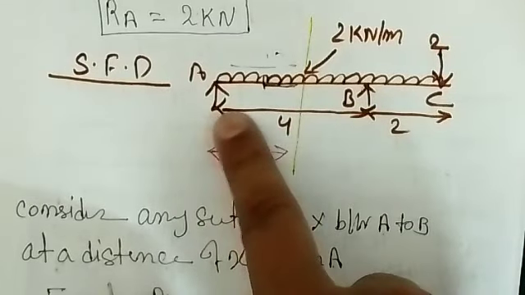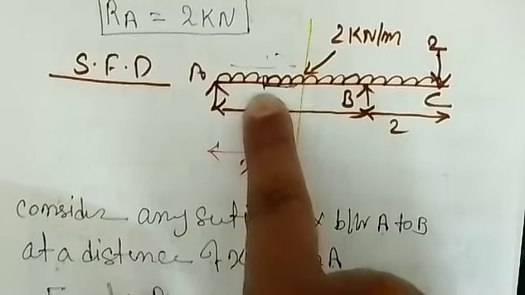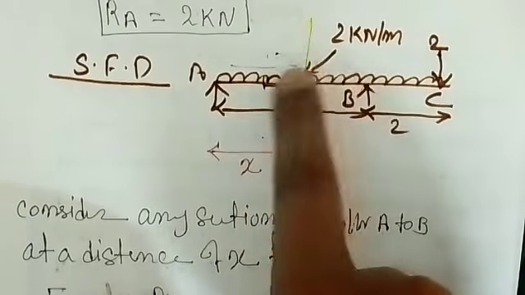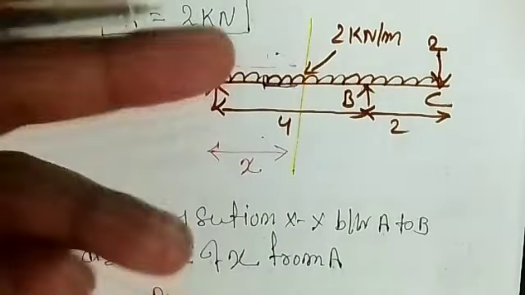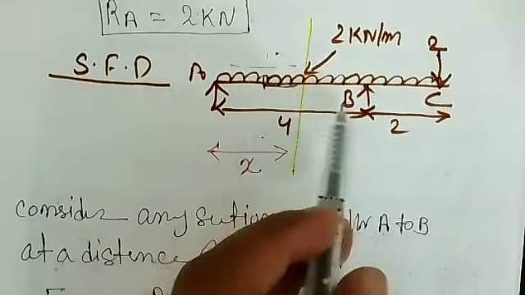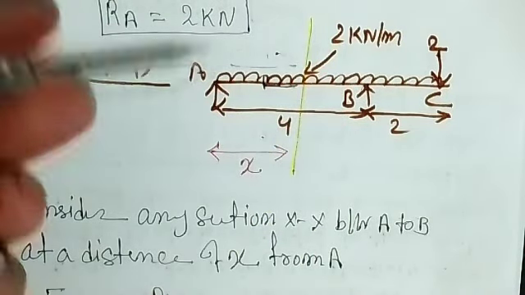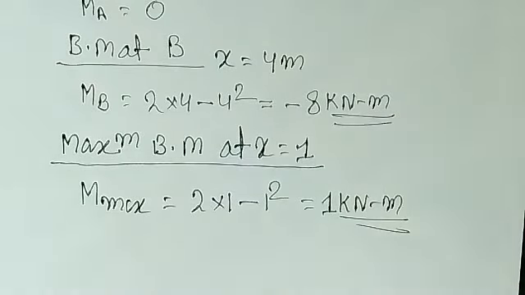But 1 meter will be somewhere in between, let's say it is here. So here you have a positive and here you have a negative. It means that in this section the bending moment changes its sign from positive to negative. So between A to B there is one point where the bending moment becomes 0, and that point we call the point of contraflexure, right? So this is the climax of the question, right?